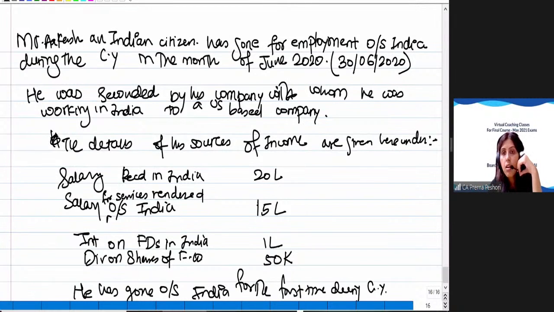Preeti, yes, the taxable income in the earlier question was 13 lakhs in India, but the criteria there was 182 days, not the 60 days, because he has been on visit to India, so he falls under exception 1.